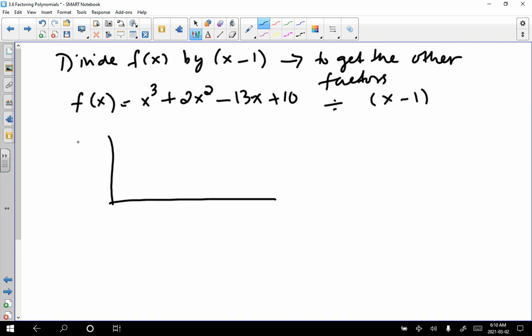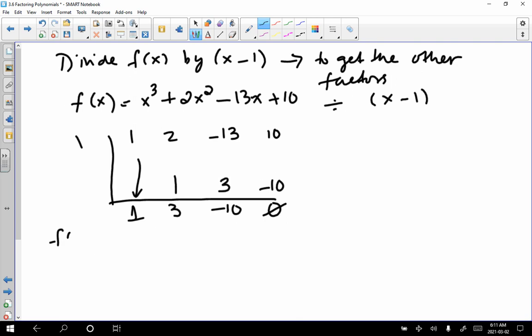So that's going to be 1 here, and then the coefficients are going to be 1, 2, negative 13, and 10. I'm going to bring this 1 down. 1 times 1 is 1, 2 plus 1 is 3, 1 times 3 is 3, negative 13 plus 3 is negative 10, 1 times negative 10 is negative 10, 10 minus 10 is 0.